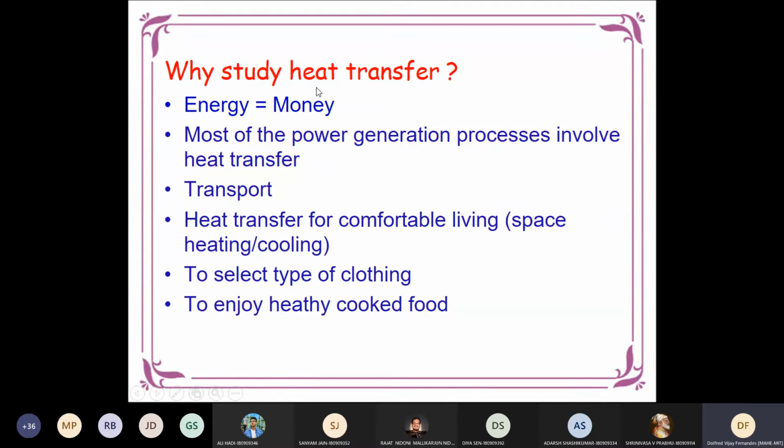So that's why I put that first sentence, energy equal to money. And if you know heat transfer properly and you apply it into your real life, then you can save money. So most of the power generation process involves heat transfer.